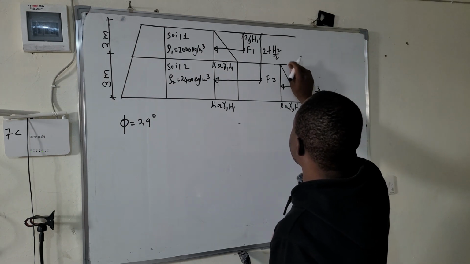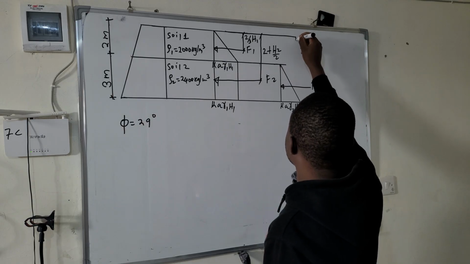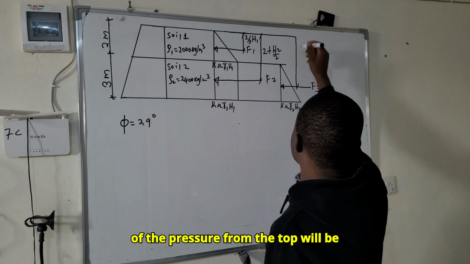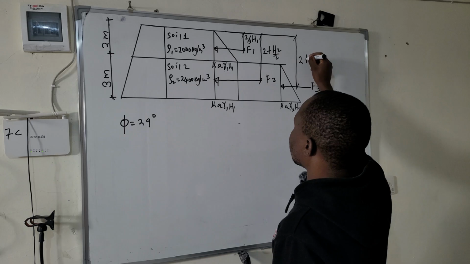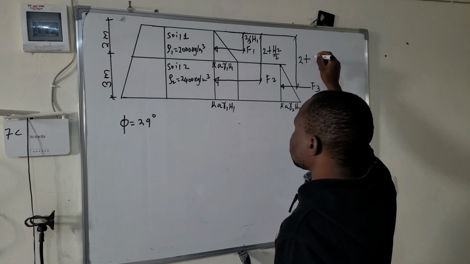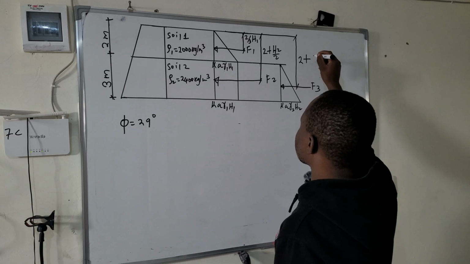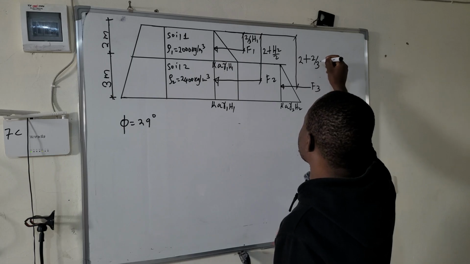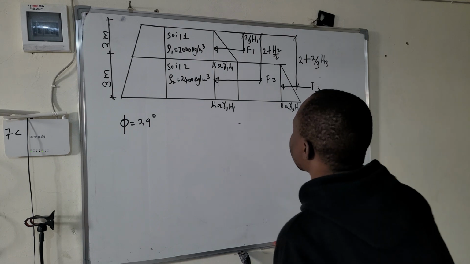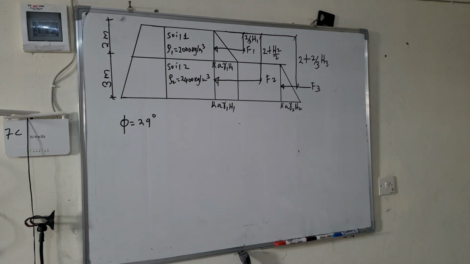Then the center of the pressure from the top will be 2 plus 2 over 3 H3, like that. 2 plus 2 over 3 H3 from the top.